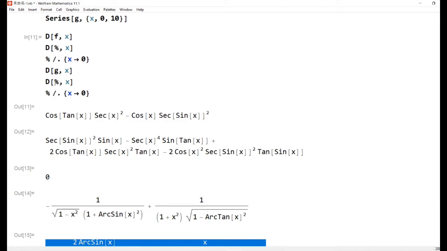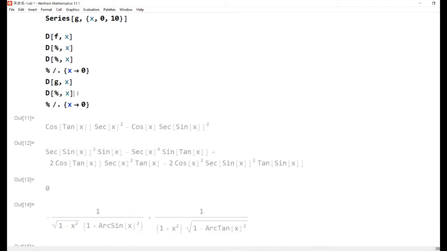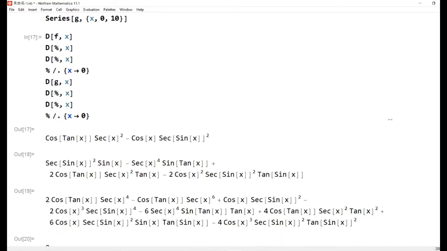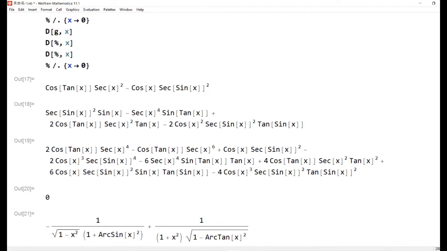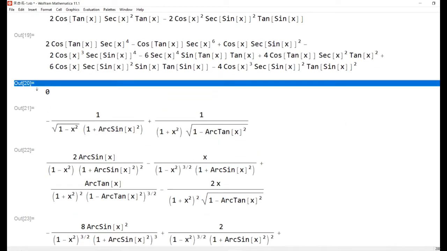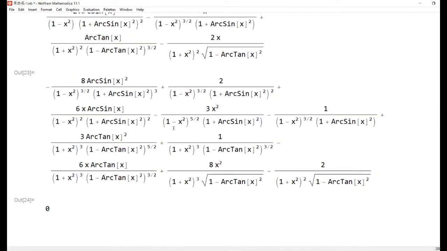So I still need to differentiate to the third. And the poor thing is that it still becomes complicated, and the answer is still 0. I mean it sucks that I already did 3 derivatives and I still get 0. And you see this term is already very complicated. If I keep doing that, then it sucks, right?